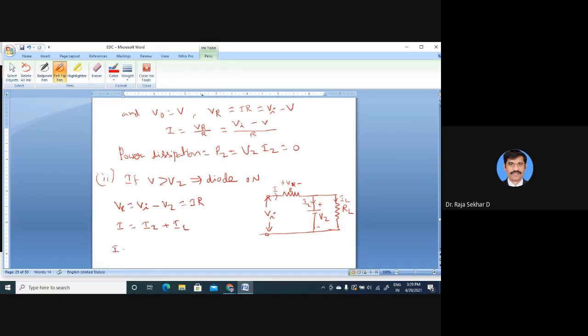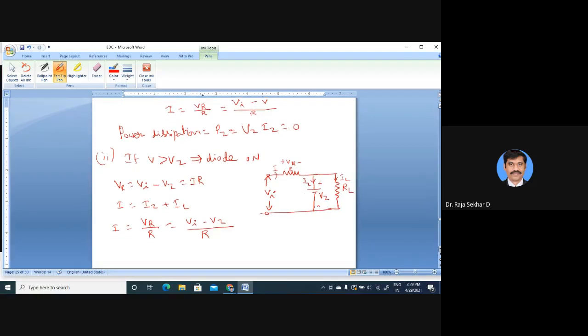And I is equal to VR by R, which is also equal to Vi minus Vz by R. So when the diode is on, a Zener current Iz flows. So what is Iz here? Iz is equal to I minus IL.